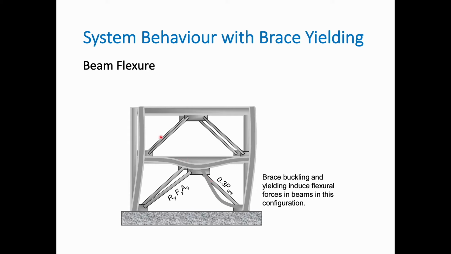So again, this is changing the mode of failure for the entire system. So again, these things need to be considered, and do not just assume that the bracing will do the entire job. Locally it will buckle and there will be a plastic hinge here, and there's not going to be any other plastic hinge in the beams and columns, and everything will be evenly distributed along the height of the system.